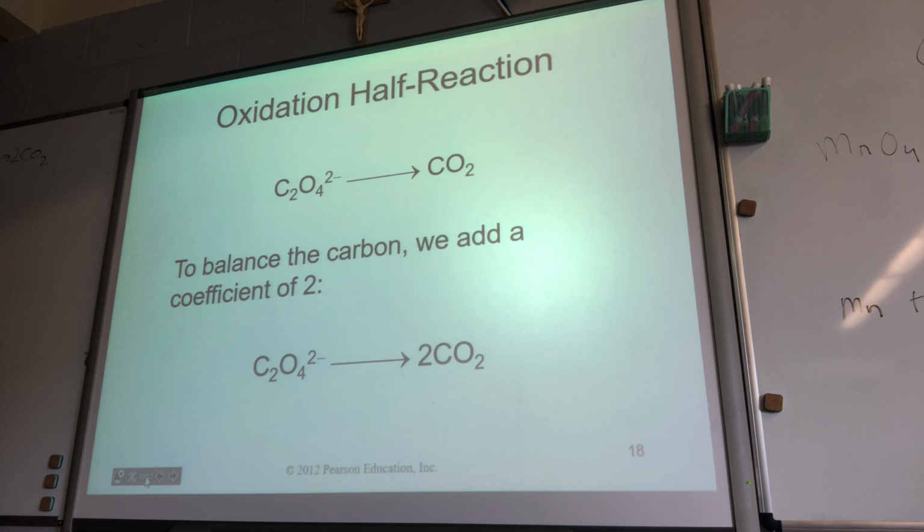Mn has a 2 plus charge. H2O is neutral. Did that answer the question? Why are you adding 5 electrons? To get this side to equal 2 plus, because 7 plus 5 minus equals 2 plus.